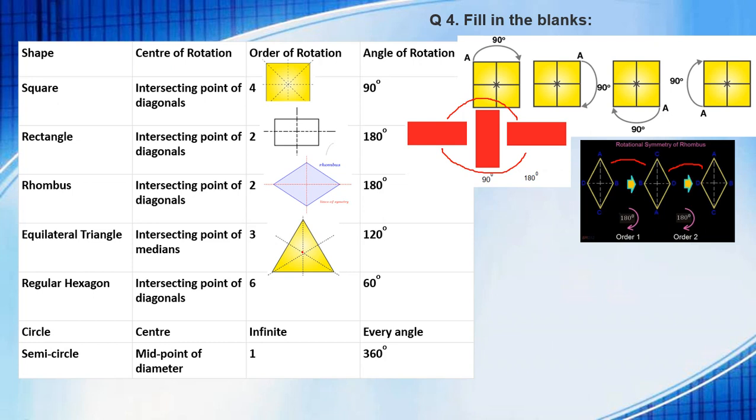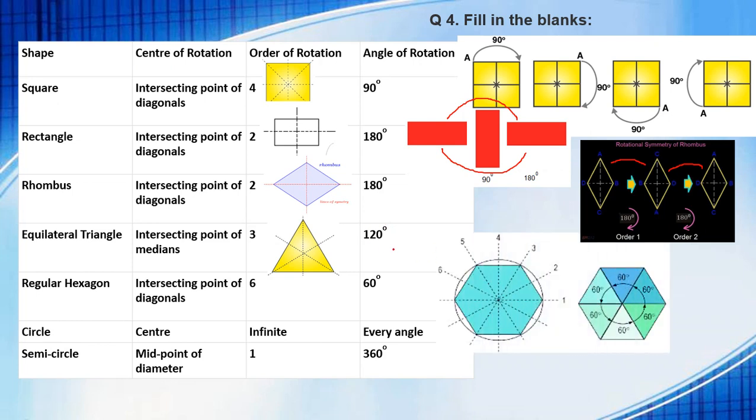As we considered in the previous sessions also, when an equilateral triangle is rotated by 120 degrees, it looks exactly the same as it was. So by 120 degrees, that means about 3 turns, it reaches its previous position. So we can say the angle of rotation is 120 degrees and the order of rotation is 3.